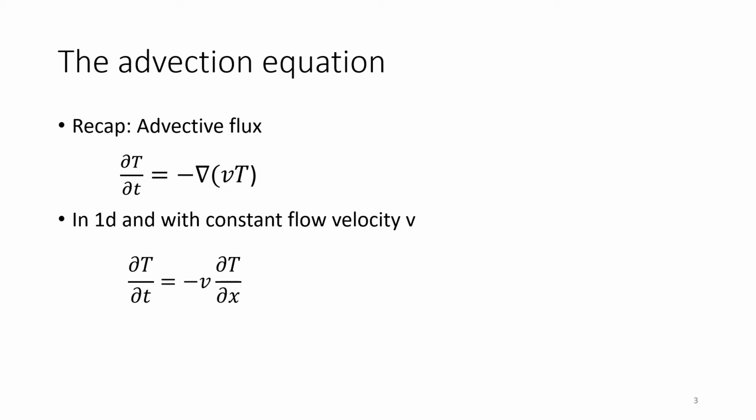I mean, you can't even simplify it any further. It's a constant velocity. It's a 1D problem. It's just the change in time, first order, balanced by first order change in space. It doesn't get any simpler than that, and still we have numerical problems.